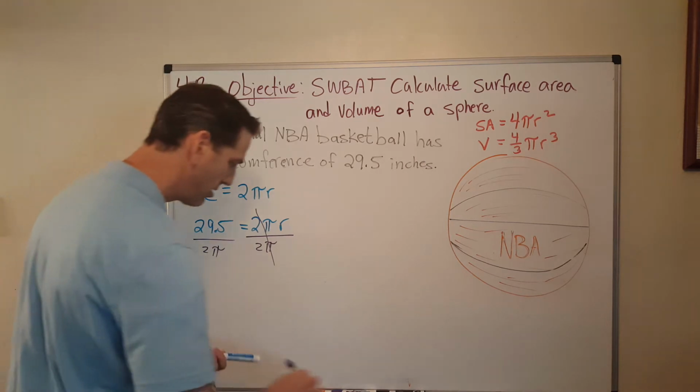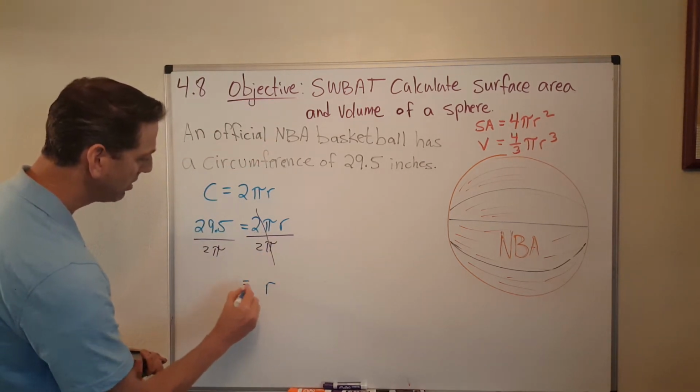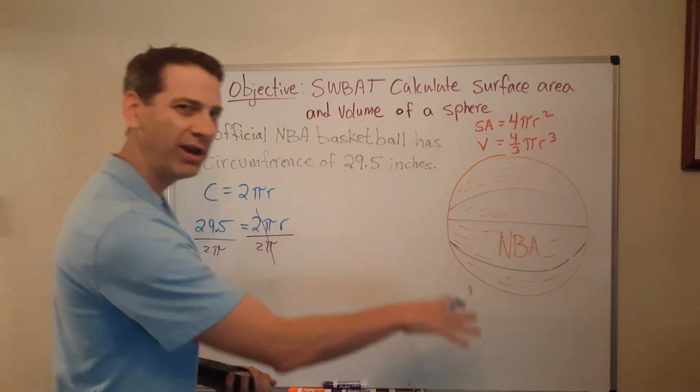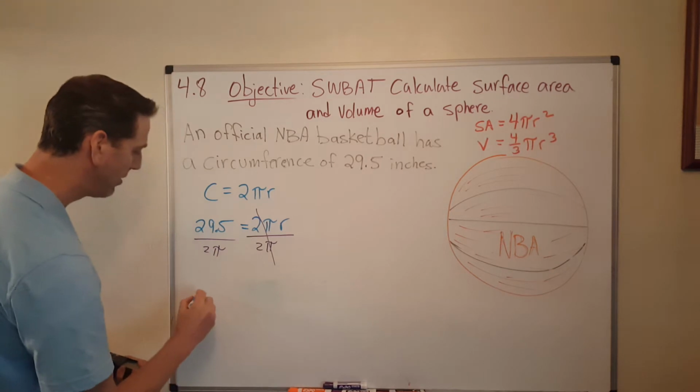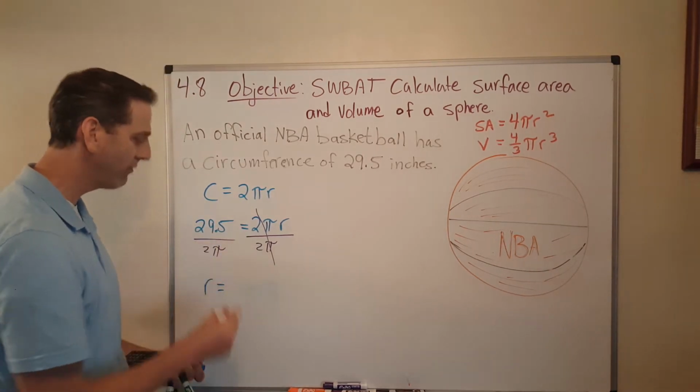It bugs me to have the r on the right-hand side, so I'm going to put the r on the left side. So r equals 29.5 divided by 2 pi.